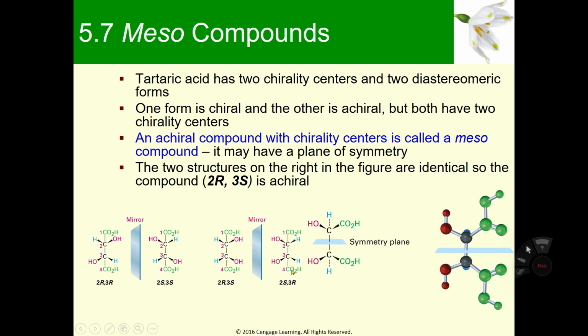However, here, these two compounds can be easily overlapped. You see here, now this is OH, so let's turn it around. Let's flip: carbon 1 goes to carbon 4, carbon 4 goes to carbon 1. Let's just flip.